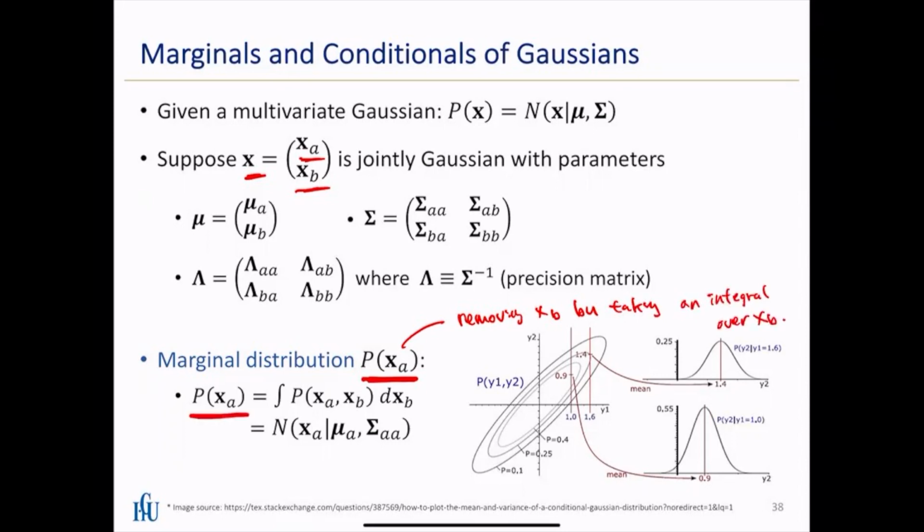So the probability of xa is equivalent to taking the integral of the joint distribution of xa and xb, and again the marginal distribution xa is following a normal distribution. So this is another interesting and important property of multivariate Gaussian. Taking the marginal of a multivariate Gaussian is again Gaussian.